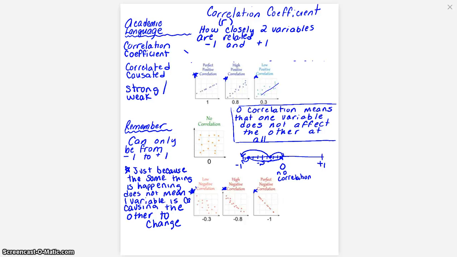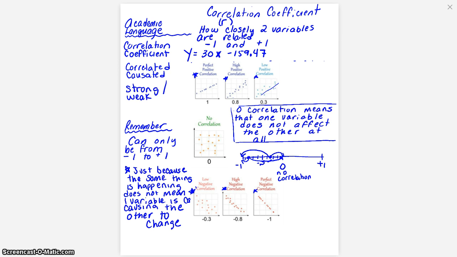My equation from the calculator ended up being y equals 30x minus 159.47, which means that for every degree Celsius, I have $30 more worth of ice cream sold. That's what my slope means.